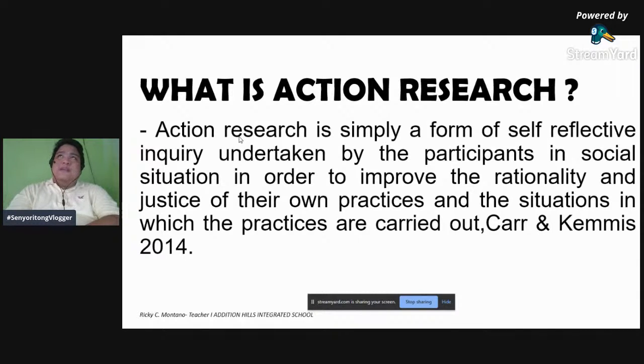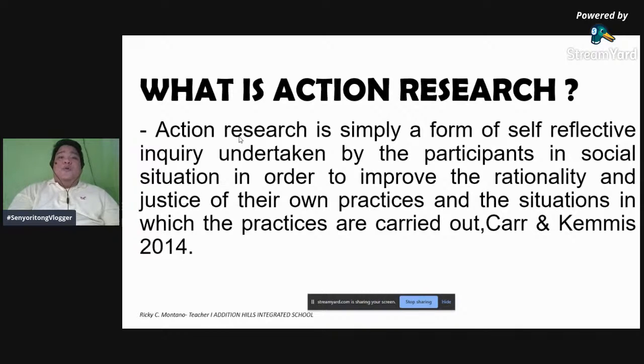It is basically the product of your inquiry and then you reflect. You have questions, and you reflect on those questions. You have reflections, and you inquire about those reflections. It is also to improve the rationality and justice of their own practices.